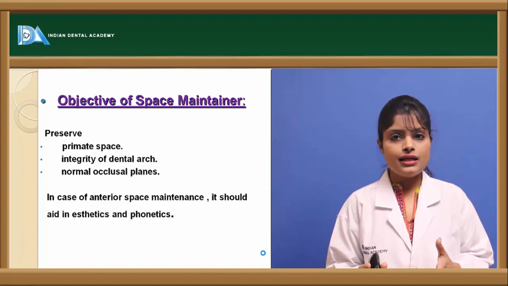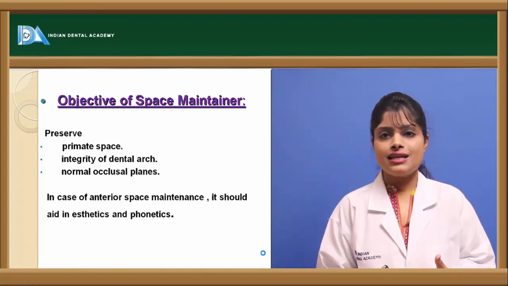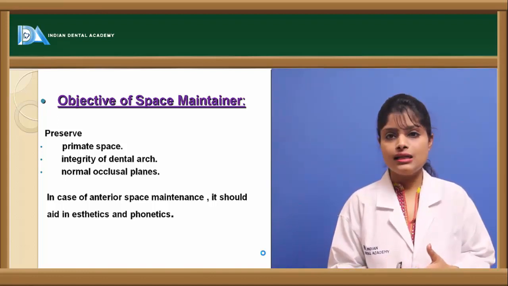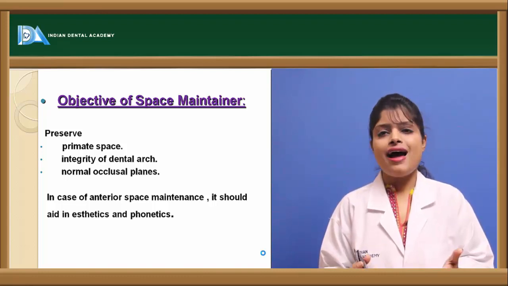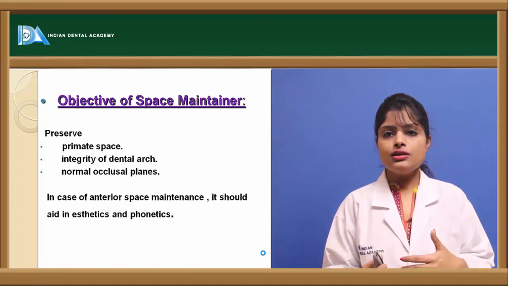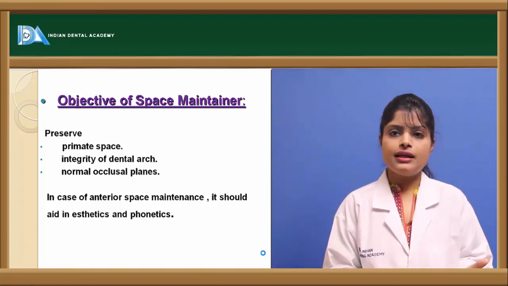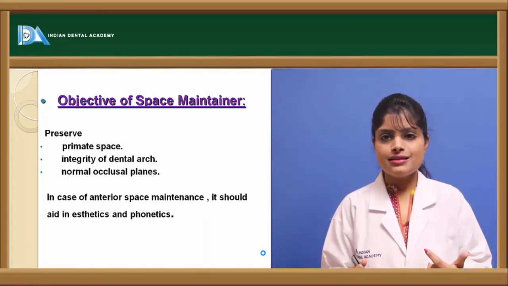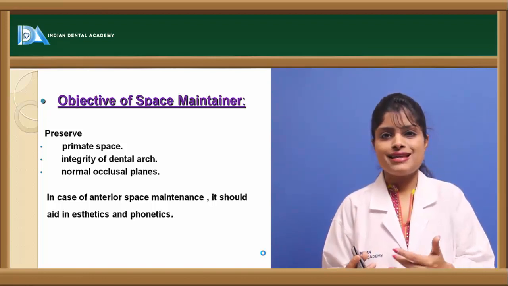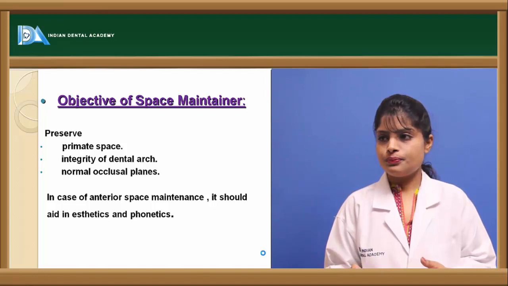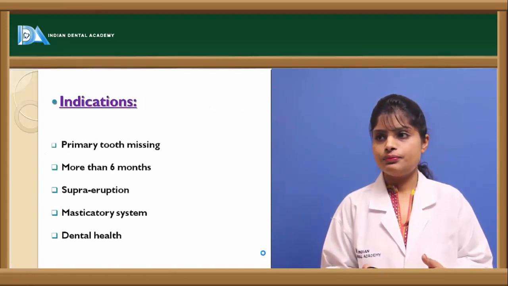In the case of anterior space maintainers, they help in maintaining proper aesthetics, labial fullness, and proper phonetics of a child. In the case of posterior space maintainers, they help in proper mastication and deglutition.